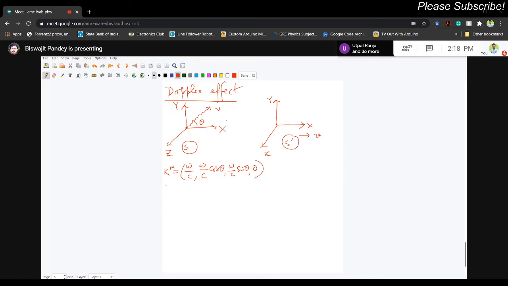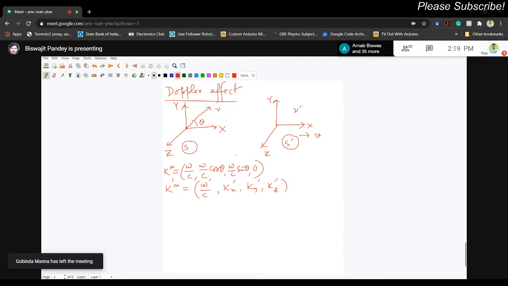What will be k mu prime in this frame? In this frame, we do not know the frequency. You want to calculate that frequency. Let us call that omega prime, or say in this frame, let us call that nu prime, right? So omega prime by c, and then kx prime, ky prime, and kz prime are the three spatial components of the four wave vector in the prime frame, right?